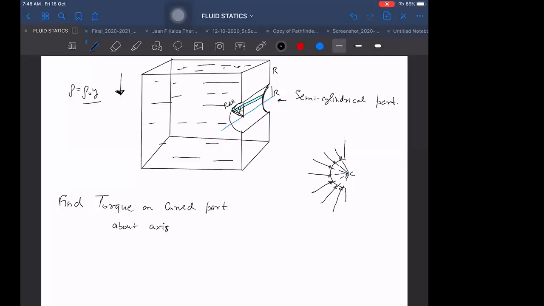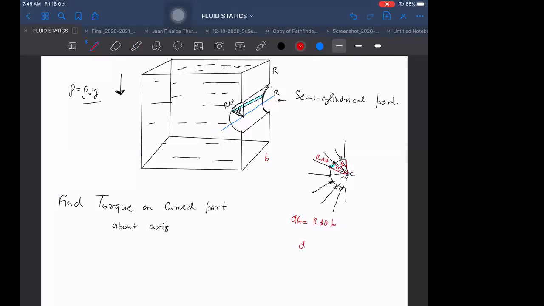What will be the area of this part? R d theta into, sir, breadth is B, I mean width. Width you take b. R d theta into b. So dA will become R d theta into b.